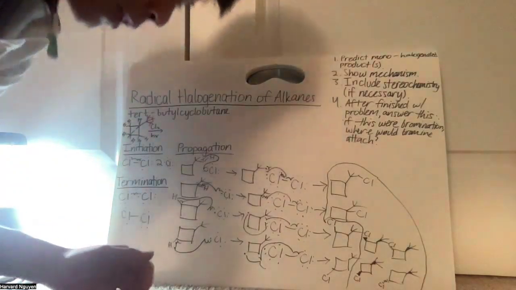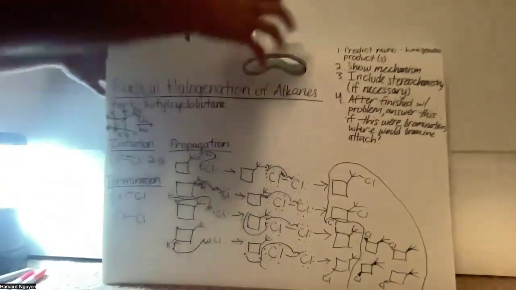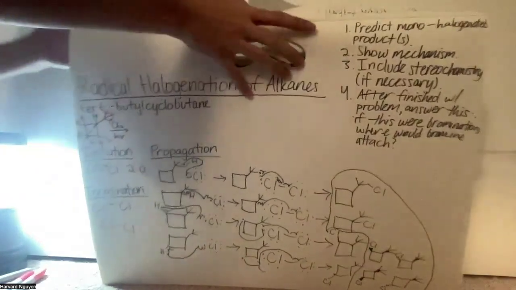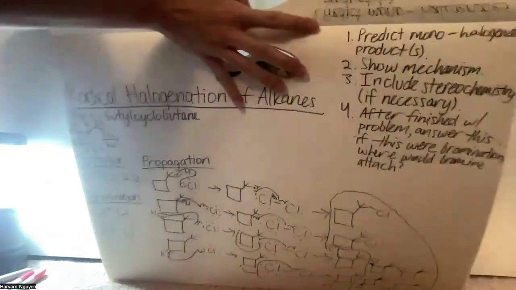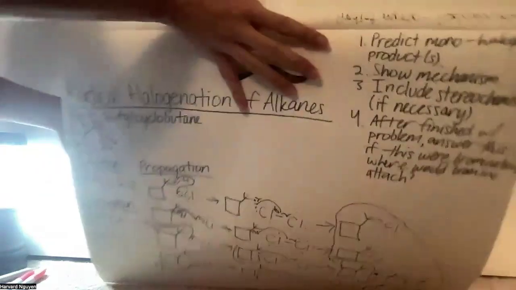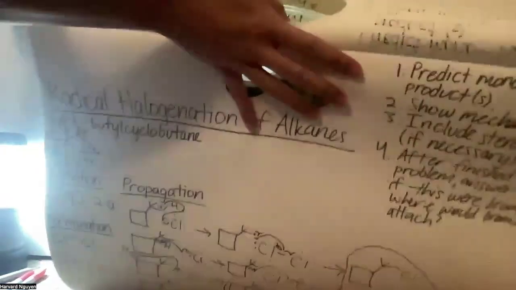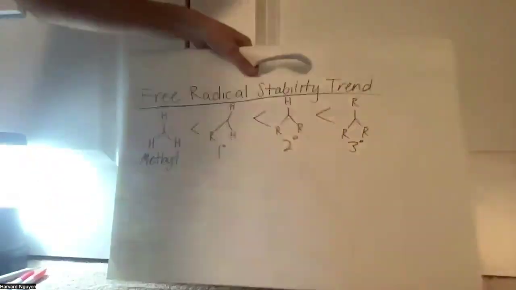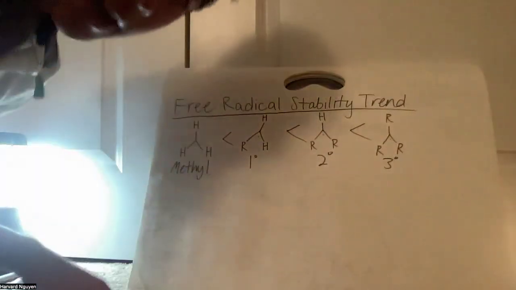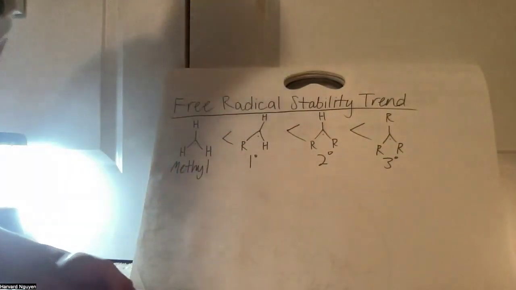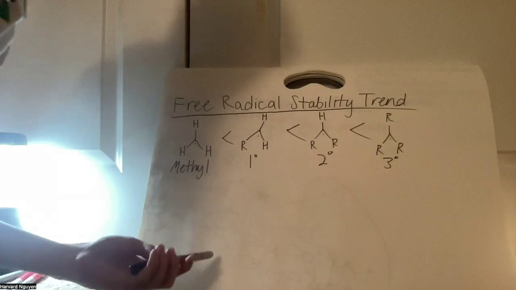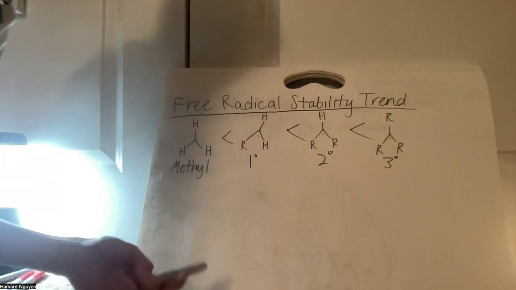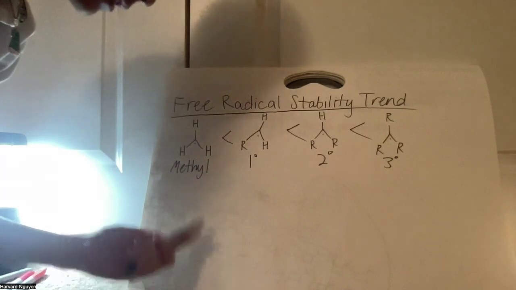Now, we have to go back to the question of if this were bromination, where would bromine attach? Well, to answer this question, we actually have to go back and look at something called free radical stability trend. This talks about how when a radical forms, it will form a tertiary, secondary, primary, or on a methyl.